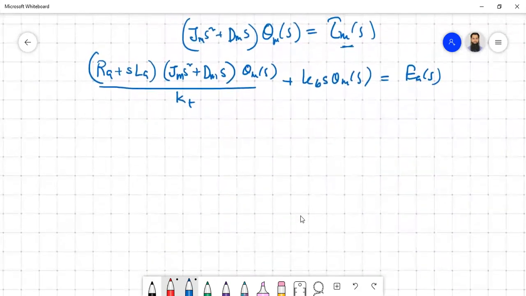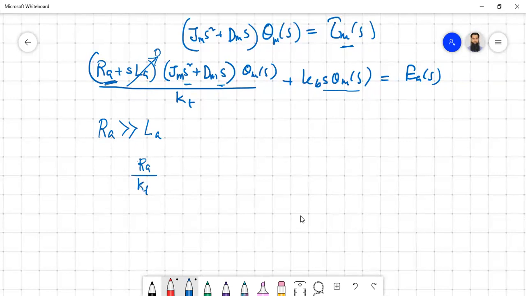One thing we can do is take s common from here to make it similar to this one. Also, we assume that in general the resistance is way higher compared to the inductance, so based on this assumption we can neglect this parameter. We can assume it's very, very small, so the majority of the contribution is given by Ra. So we can write Ra by Kt.